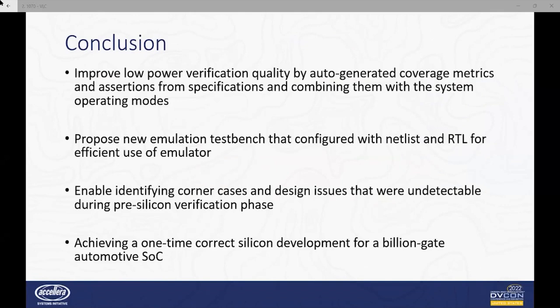These approaches enable us to identify corner case bugs and design issues that remained undetectable during the pre-silicon verification phase. We could achieve a one-time correct silicon development for a billion-gate automotive SoC.